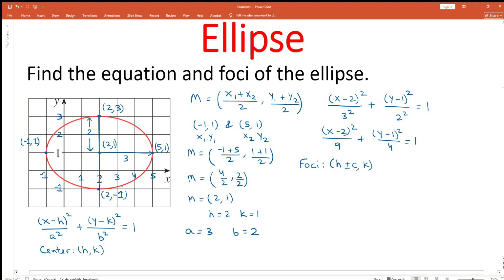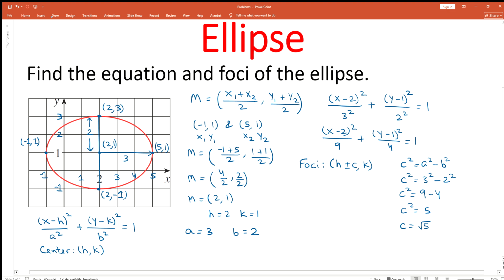We can find the value of c from the equation c square equals a square minus b square. a is equal to 3, b is equal to 2. The value of c is always positive, so c is equal to square root 5.